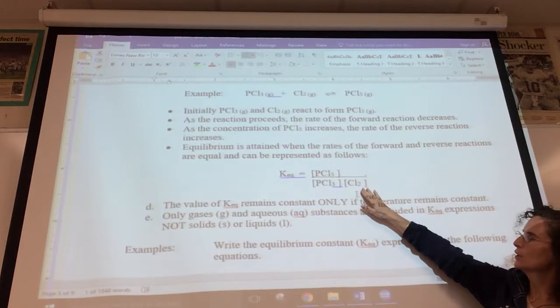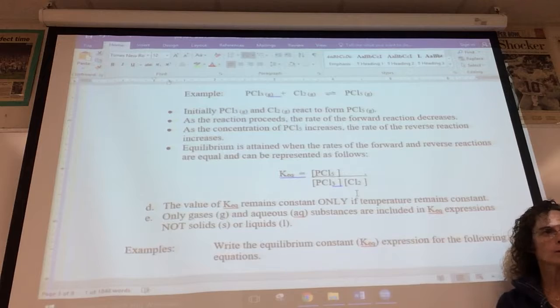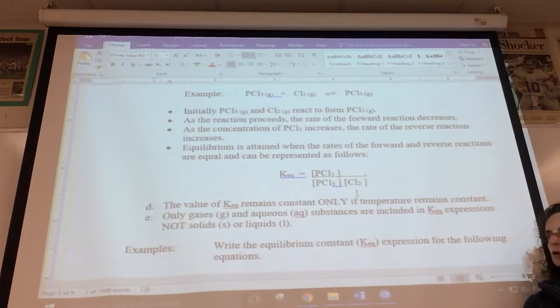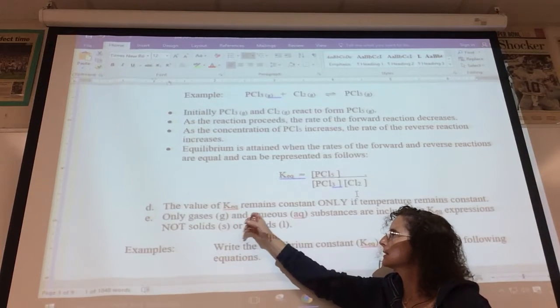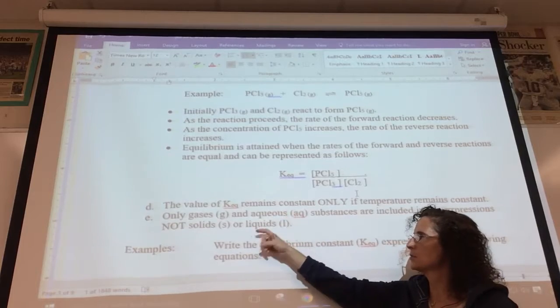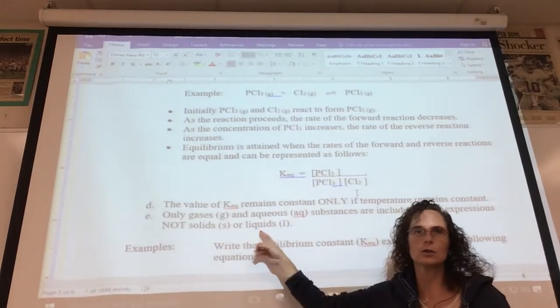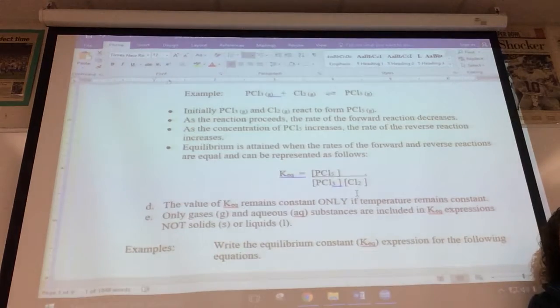When you write KEQ expressions, the only states of matter that you include are gases and aqueous substances. You do not put solids or liquids in an equilibrium constant expression ever. Their concentrations are constant and they are excluded from KEQ. Let me show you how to write KEQ expressions. It's very, very simple.